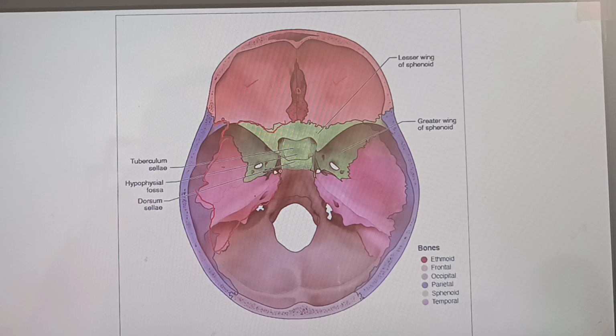Now the posterior surface of the body is articulating with the basi-occipital or the occipital bone. So this many bones you can see from the base or the cranial fossa.